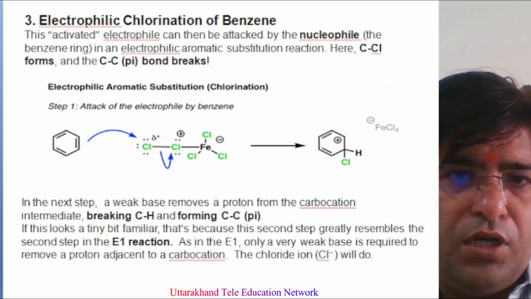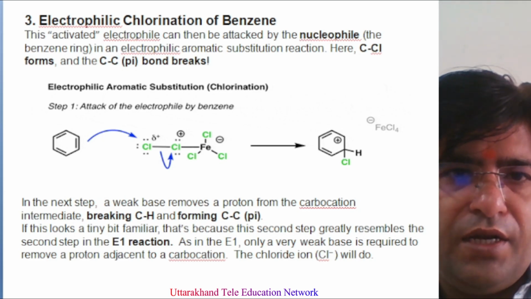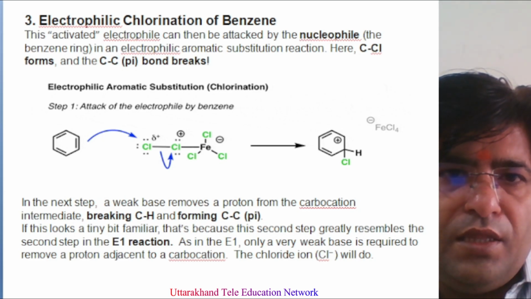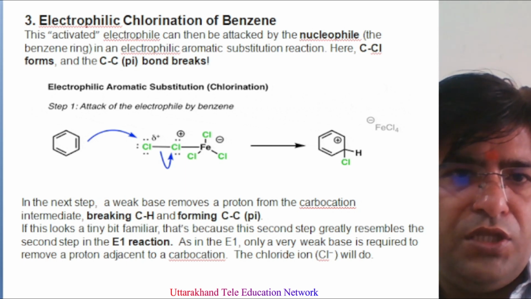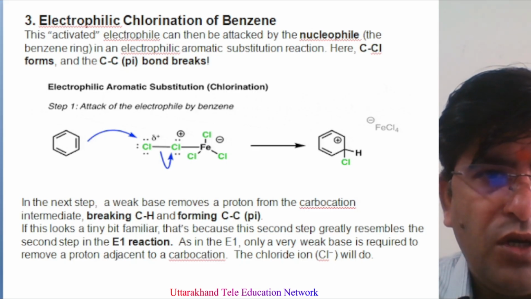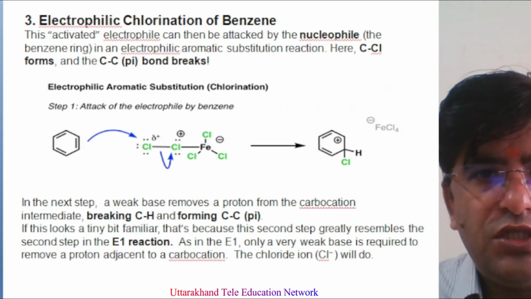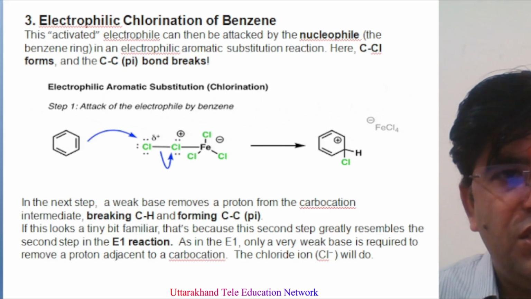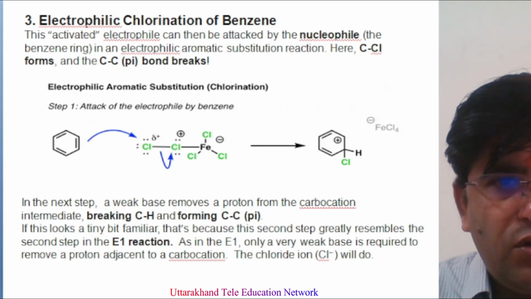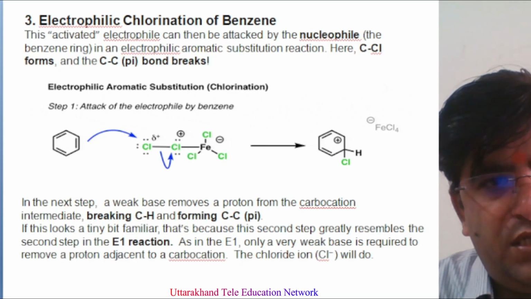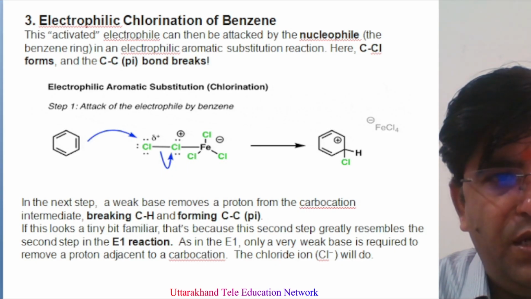Electrophilic chlorination of benzene. This activated electrophile can then be attacked by the nucleophile, the benzene ring, in an electrophilic aromatic substitution reaction. Here a C-Cl bond forms and a C-C pi bond breaks. Step one, attack of the electrophile by benzene.